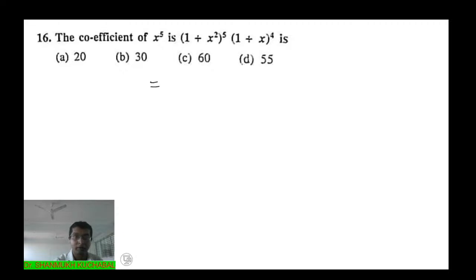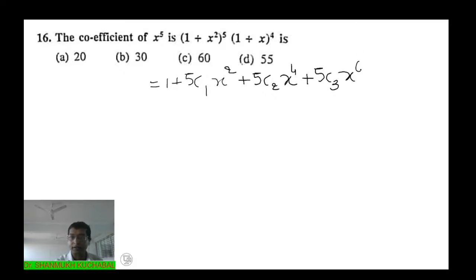So we get 1 plus 5C1 x squared, then 5C2 x raised to 4, then 5C3 x raised to 6, plus so on. Okay, right. Then we need to find the coefficient of x raised to 5. Now we will calculate the coefficient of x raised to 5.